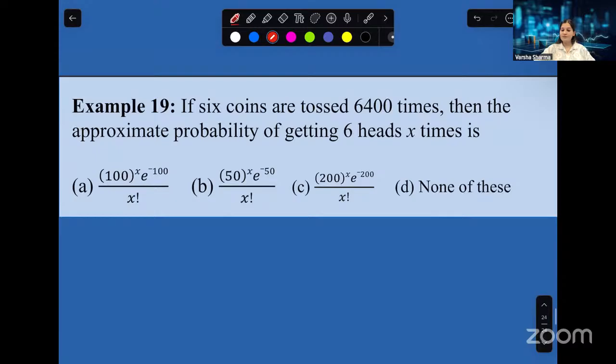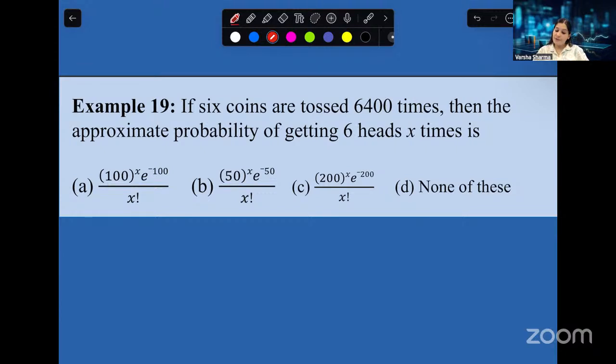Last sum. Very important. 6 coins are tossed 6,400 times.